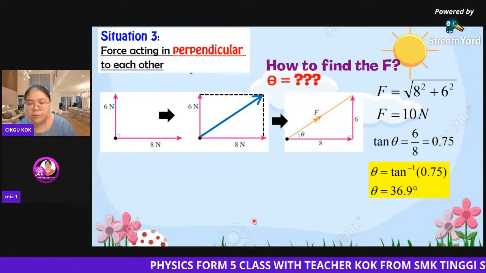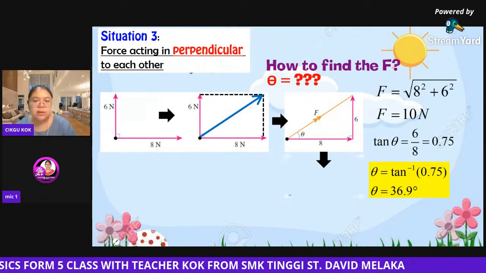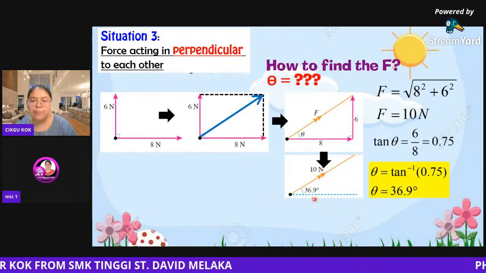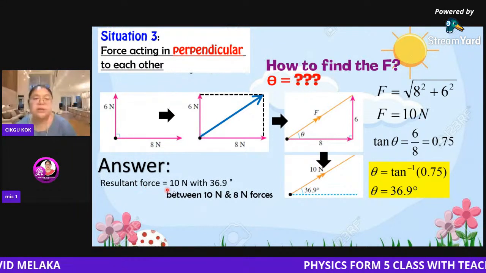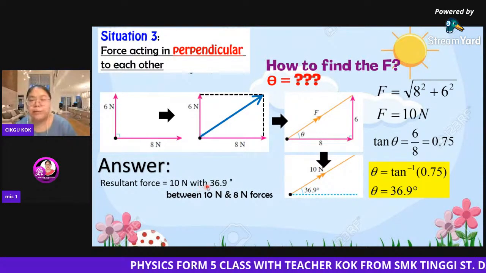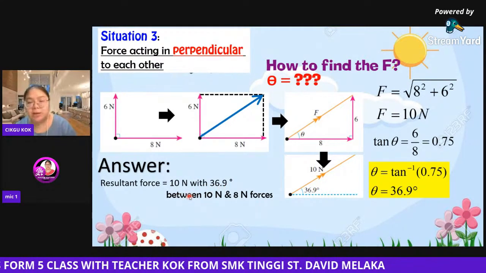Okay, now I need to answer what is the resultant force. So the answer here, this one is a drawing. I put in all the things, 10 Newton and 36.9. Now the answer: the resultant force is 10 Newton. Then you need to say with 36.9 degrees between, you're talking about the direction. Between where?